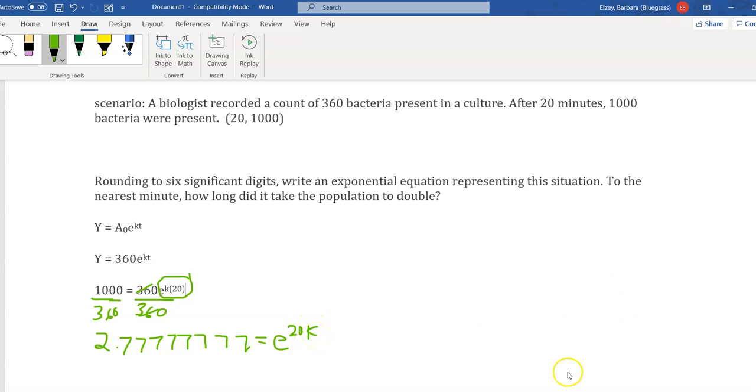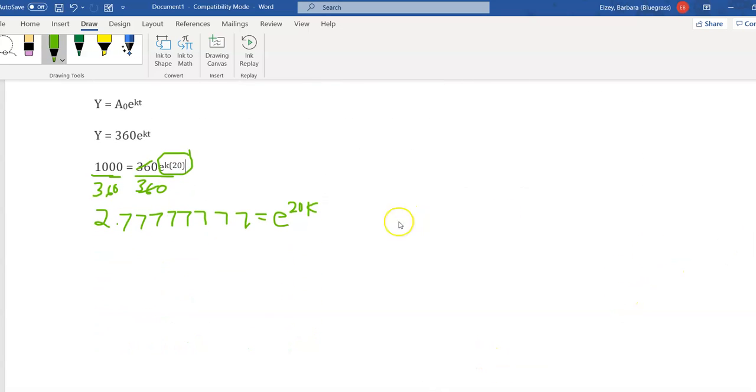All right, now recall, the second thing we do in solving an exponential equation, now that we have the base and the exponent by itself, is we apply the natural log on both sides. So we've got the natural log in front of this thing here, and we have the natural log in front of the e to the 20k.